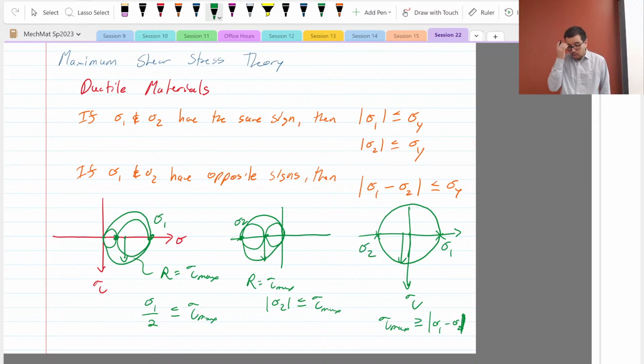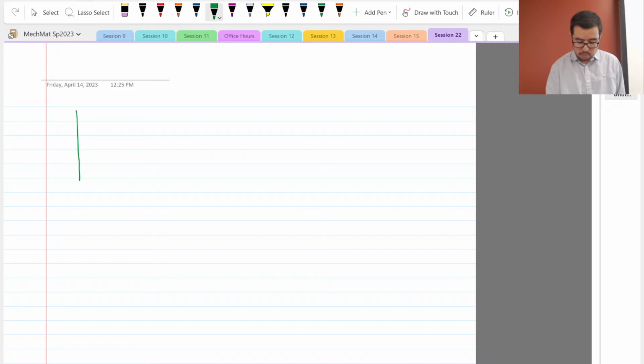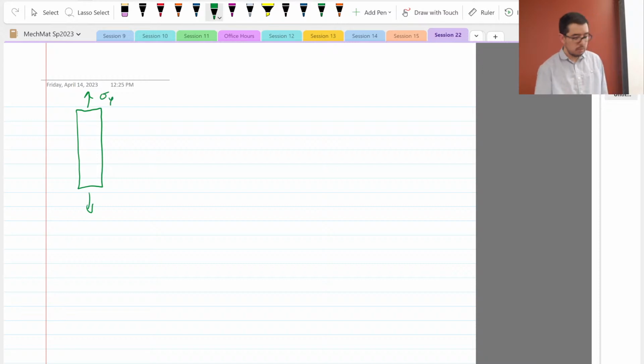Okay, so in all cases we're interested in tau max, but it's indirectly expressed in these expressions that we see here. And why is that? Well, that's because sigma y has a special relationship to tau max.